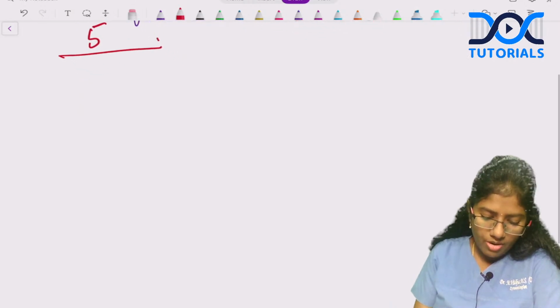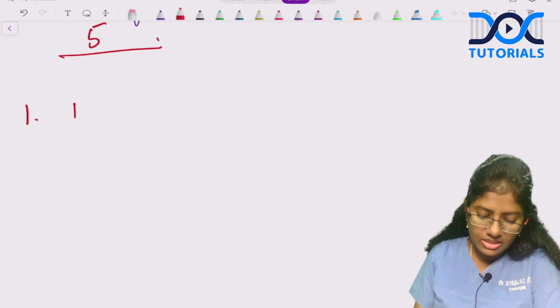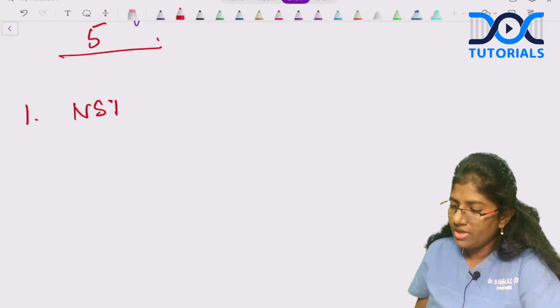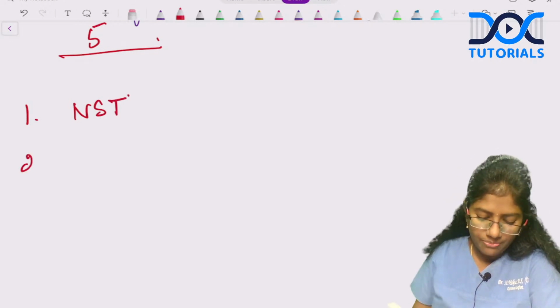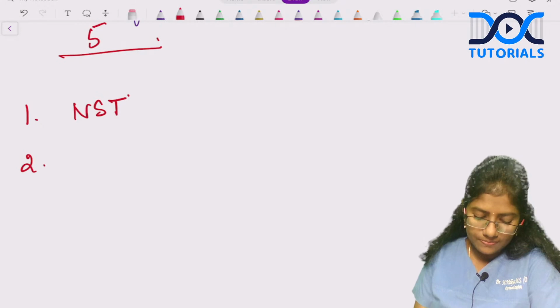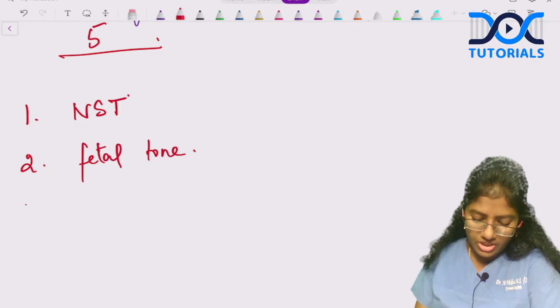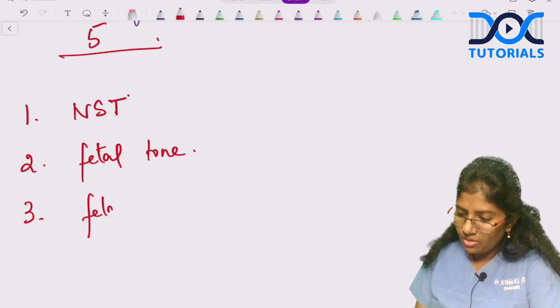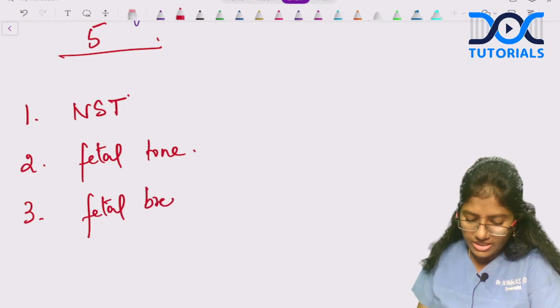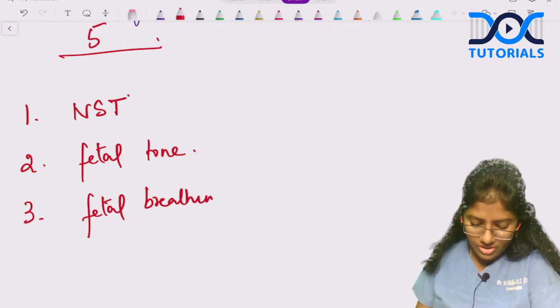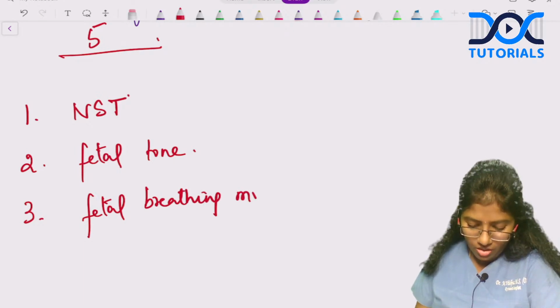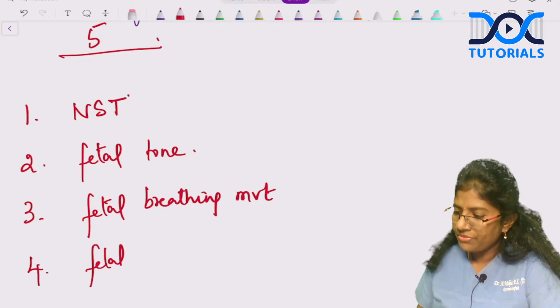Number one is NST. Number two is fetal tone. Number 3 is fetal breathing movement. Number 4 is fetal body movement.